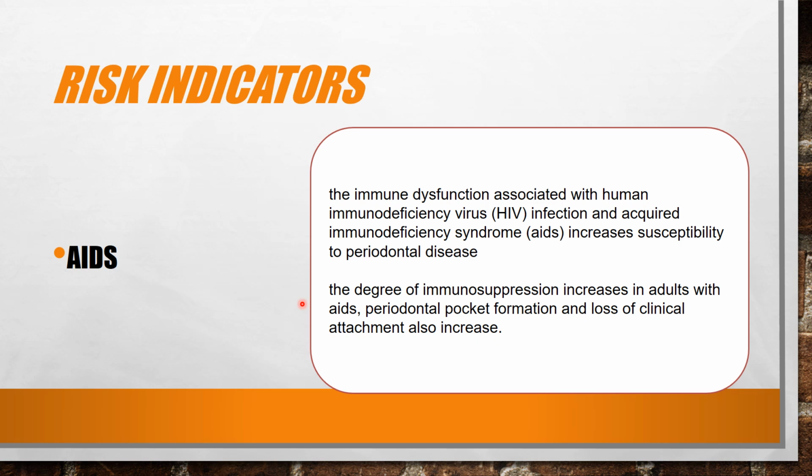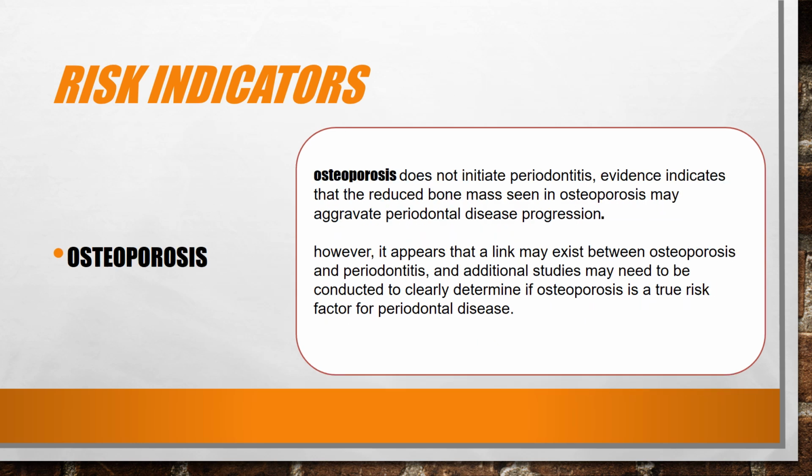Although it seems reasonable to hypothesize that HIV infection and immunosuppression are risk factors for periodontal disease, the evidence is not conclusive. HIV and acquired immunosuppression are associated with increased susceptibility to periodontal disease, identified only through cross-sectional studies. As the degree of immunosuppression increases in individuals with AIDS, periodontal pocket formation and loss of clinical attachment also increase.